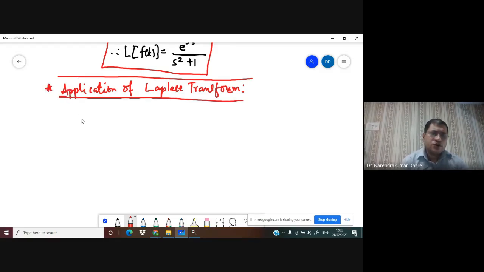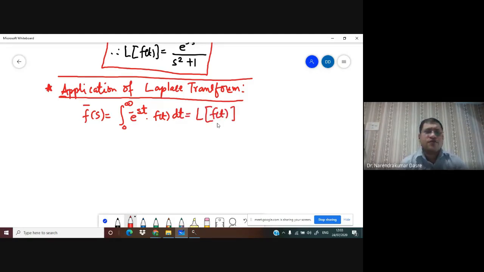As I am repeatedly telling you, one important thing in this chapter is the definition of Laplace transform. So we have f bar of s is equal to the integral from 0 to infinity of e raised to minus st f of t dt, which is the Laplace transform of f of t.